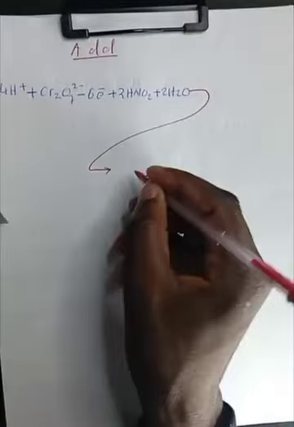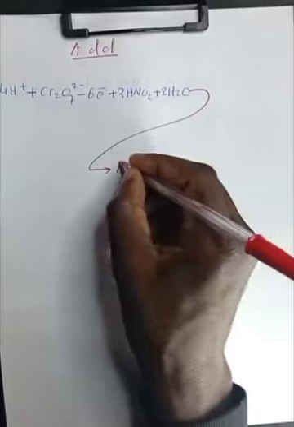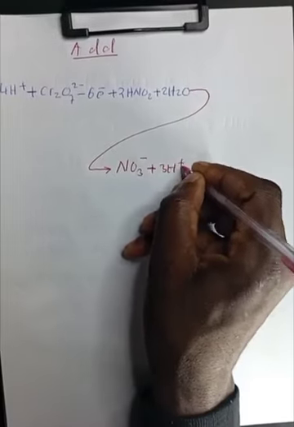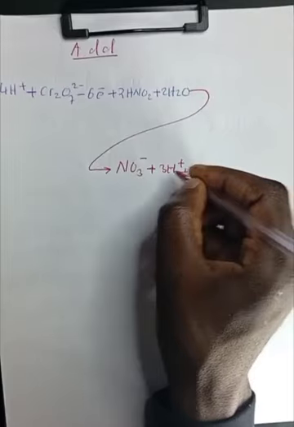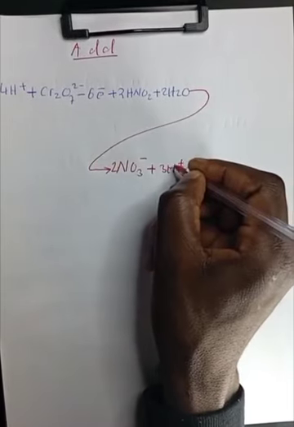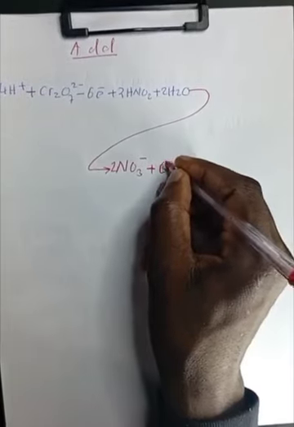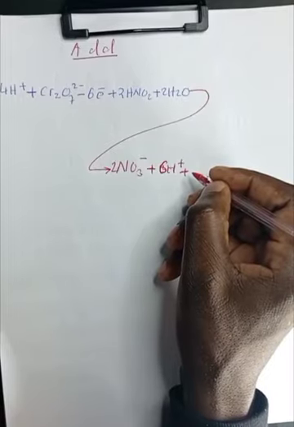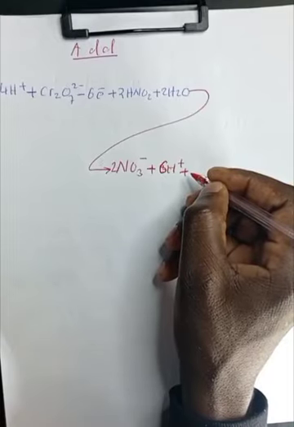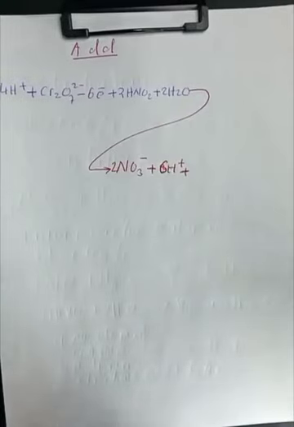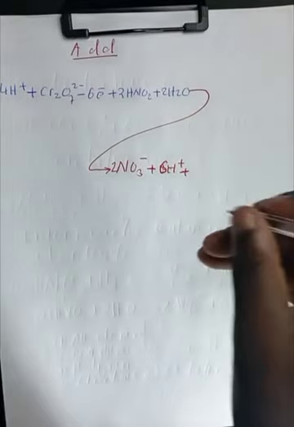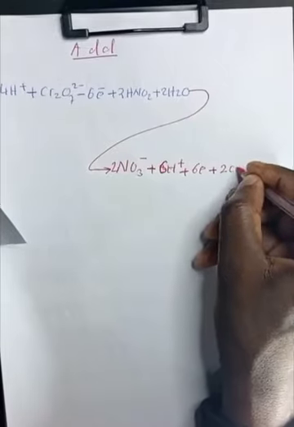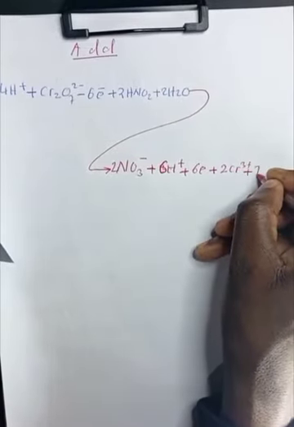Then I'm going to put in the other guys here, which is 2NO3 minus plus 6 hydrogen ion here, then plus 6 electrons, then plus the one for the other guy, which is 2Cr3 plus, then plus 7H2O.